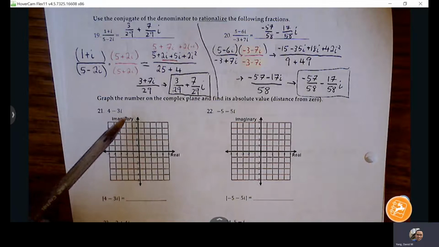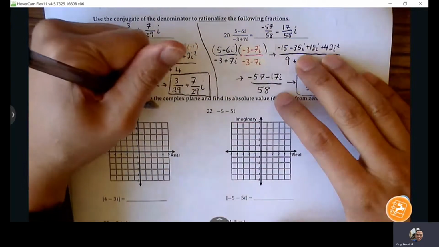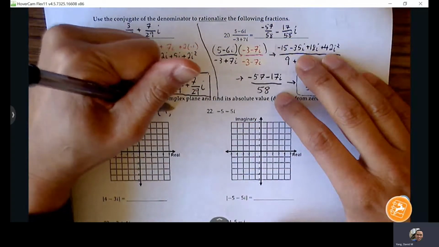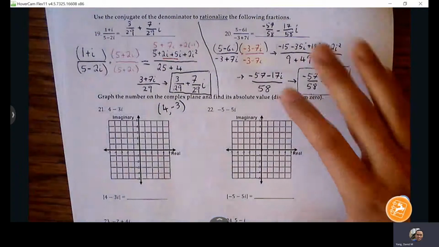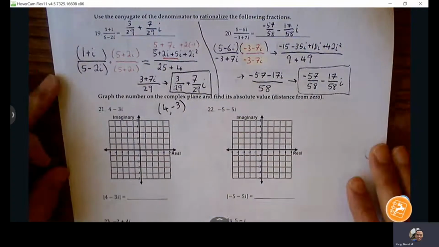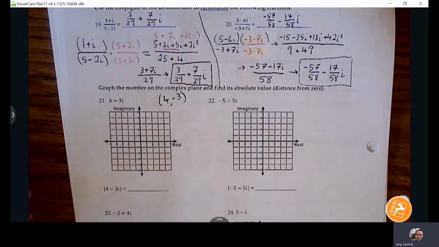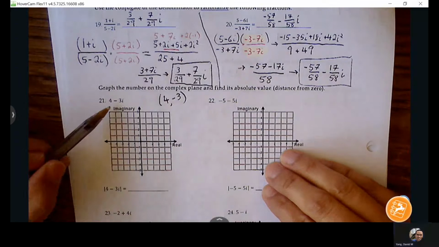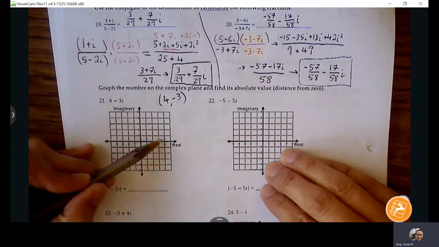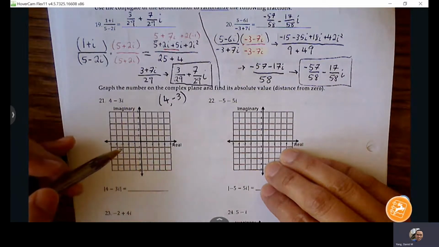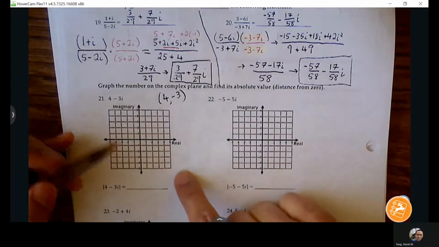So if I want to graph 4 minus 3i on this complex plane, you're really just plotting 4, -3. It's just that we have a different orientation and different name for this coordinate plane, but it's really a complex plane. Okay, so that means I'm just going to go 4 units over, 3 units down, and that's going to be my 4 minus 3i.